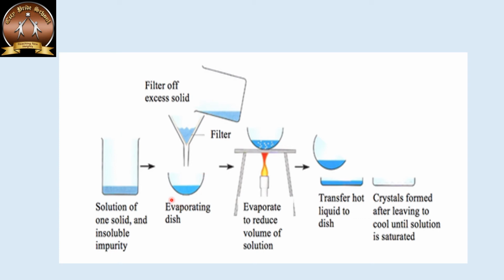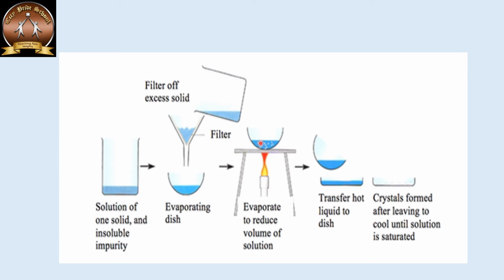Now this mother liquor or the filtrate is kept on an evaporating dish or an assembly where we can heat it. After putting it on the heating, care must be taken that there must be no boiling, but heating must be done continuously, and make sure that the solvent remains half of its original quantity.